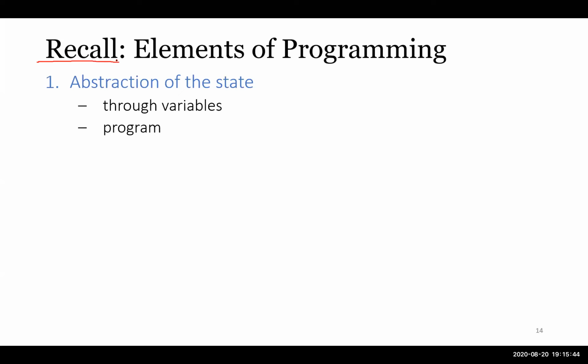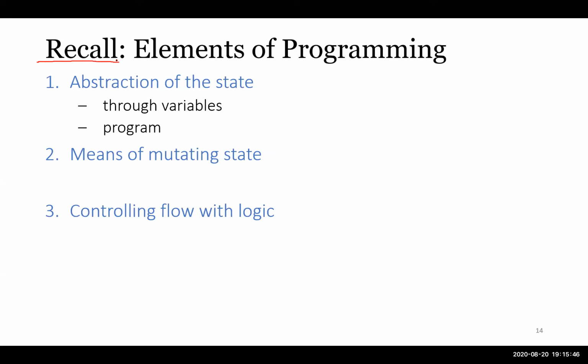As you recall, in elements of programming we have mostly 3 different elements. You have a state. For us in C, it is the state of the computer, basically the memory, which we access through variables. Another state is basically the program, which means which instruction the computer is going to execute.